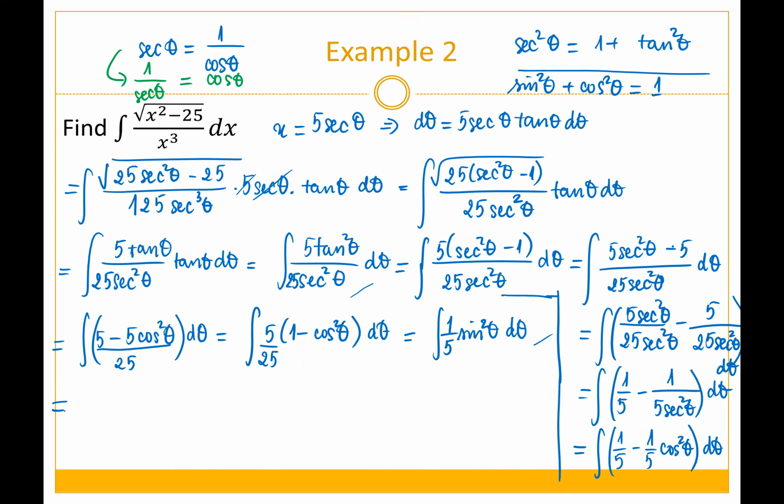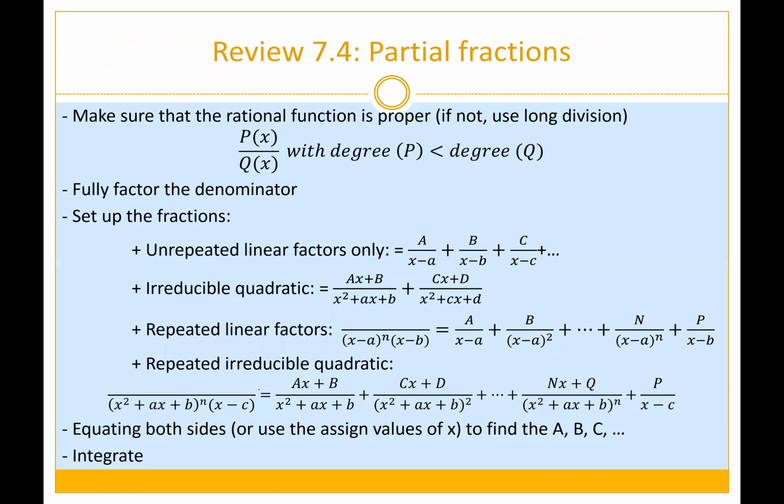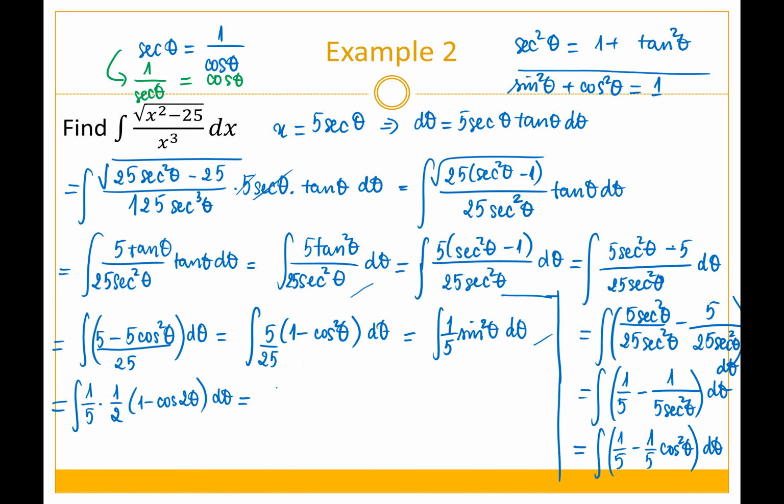So that's basically the step, and just make sure that you guys don't get lost with me. So we have sine square is going to be 1/2 of 1 minus cosine 2 theta d theta. Then we have 1 over 10, 1 minus cosine 2 theta d theta.